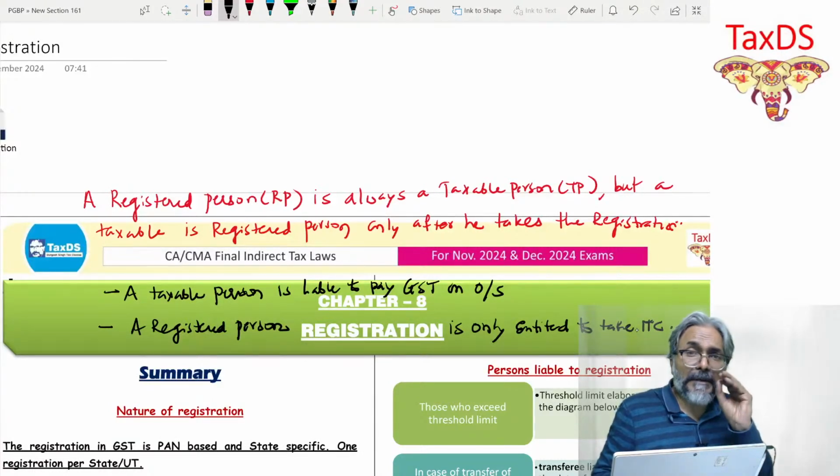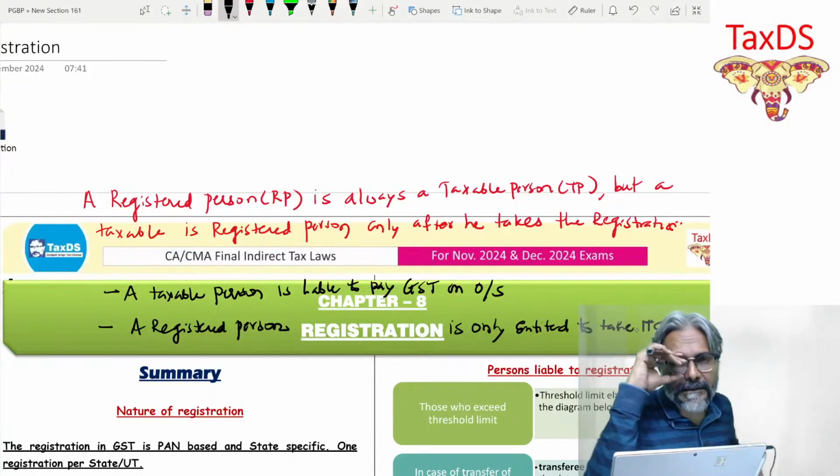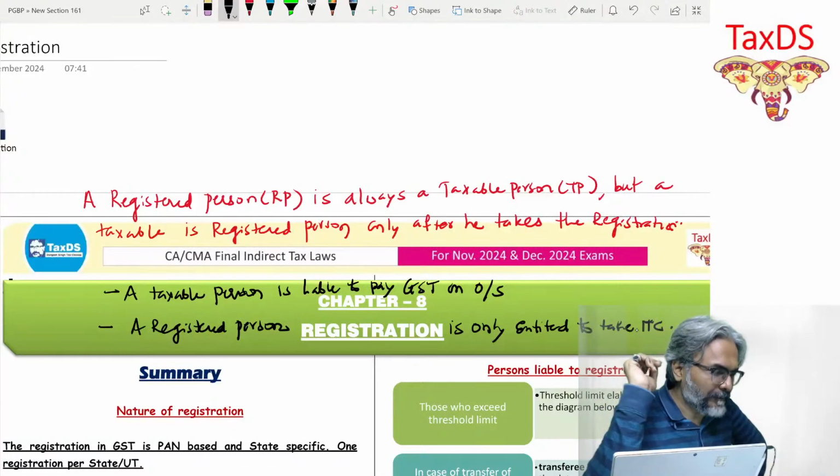Always bear this statement in mind. This is a very important statement, students. A registered person is only entitled to take the ITC. Do you all agree to this one or not?